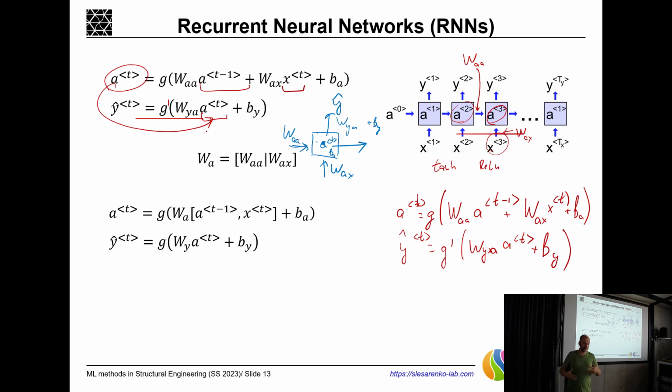So there is a little bit of a trick in how you will usually see it written down. In order not to write this VAA and VAX, you create a matrix by just merging the two matrices together and merging two vectors together. This notation that you see here is just a long vector where first you write your A vector and then you write your X vector.